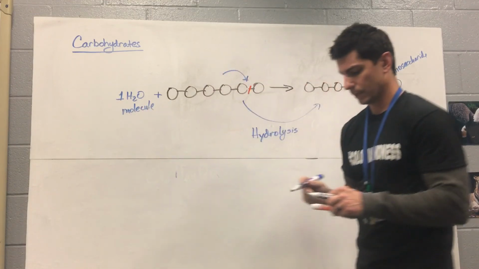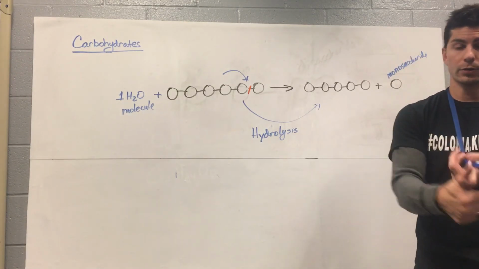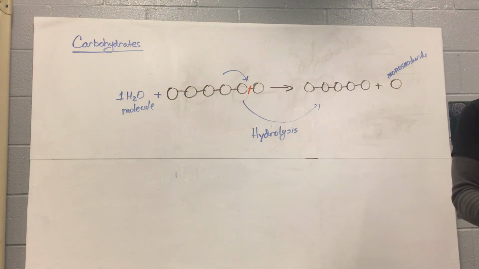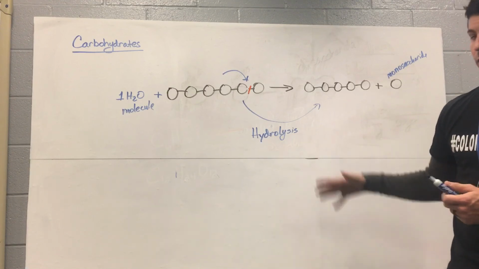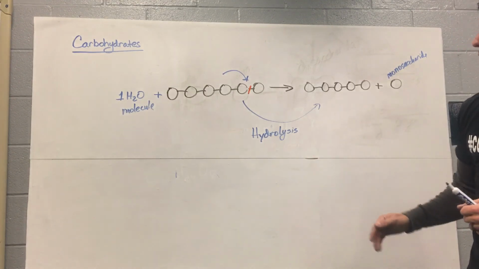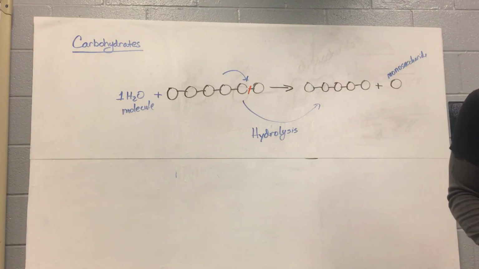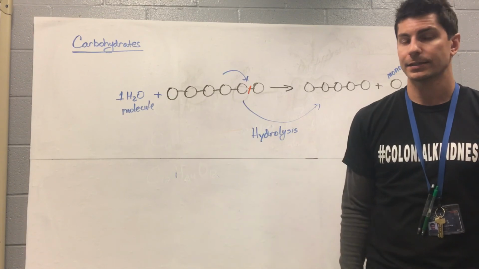All right? And that's pretty much for carbohydrates, guys. Big points to take away, I would say, would be know your monomer, know your polymers, know your condensation and dehydration reactions for building up, know your hydrolysis reaction for breaking it down, know where water is needed, and then know your structure of the C6H12O6, that type of thing.